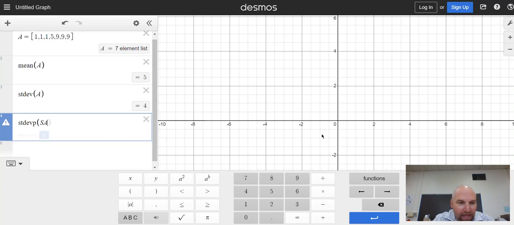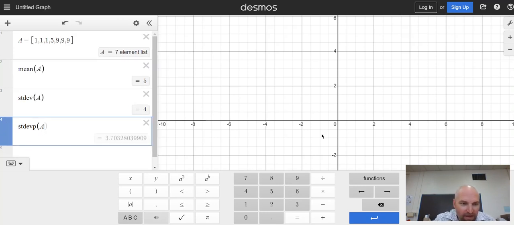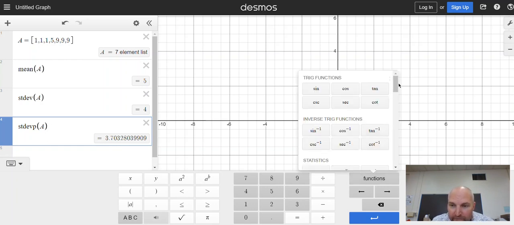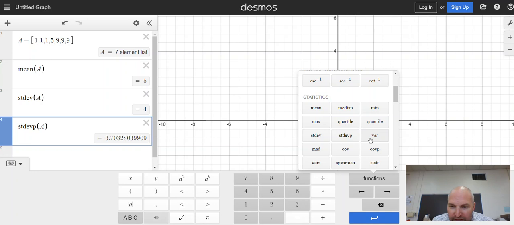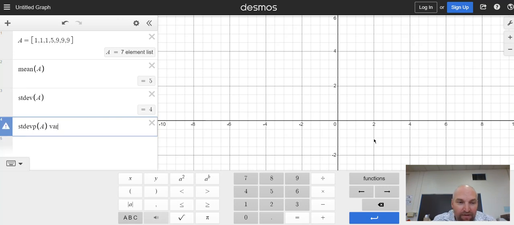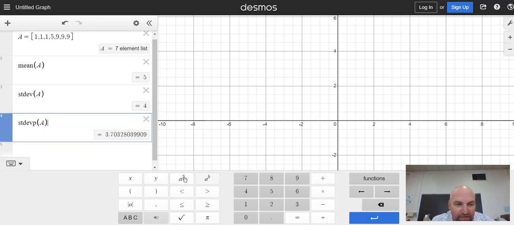Boom, and you type in A. Whoops, not SA, A. So you get 3.7. The variance, you can just click on that, but you're never really going to have to find the variance because most likely they're going to ask you, but you can type in variance.